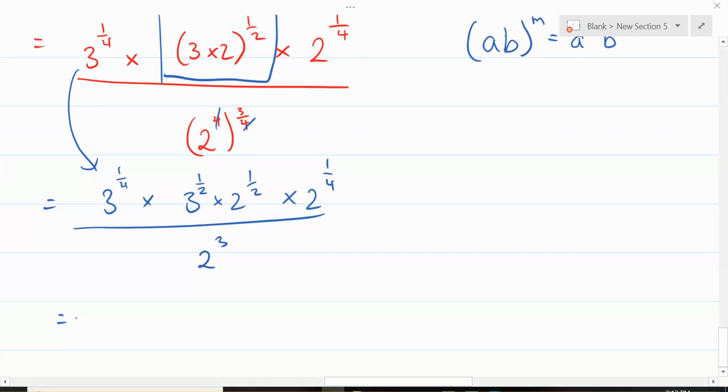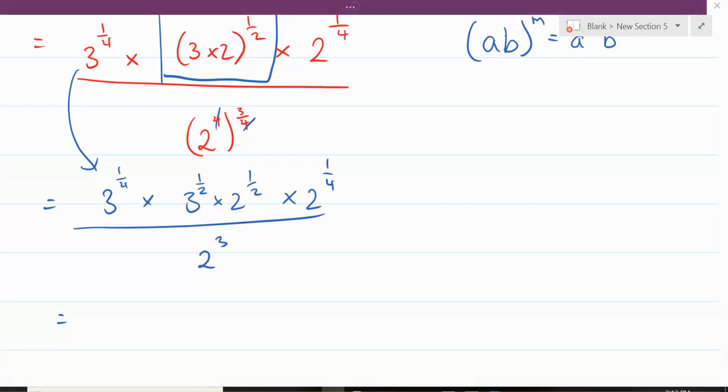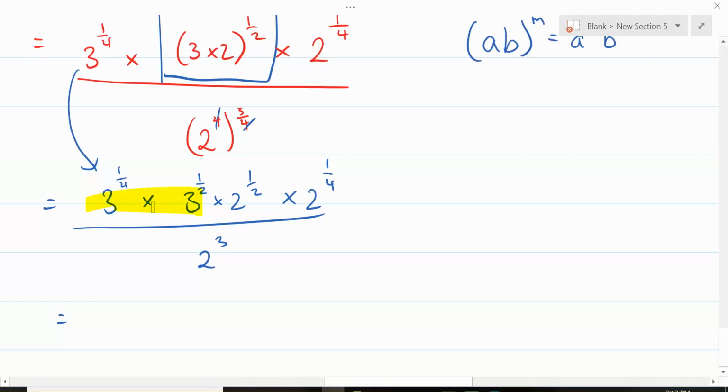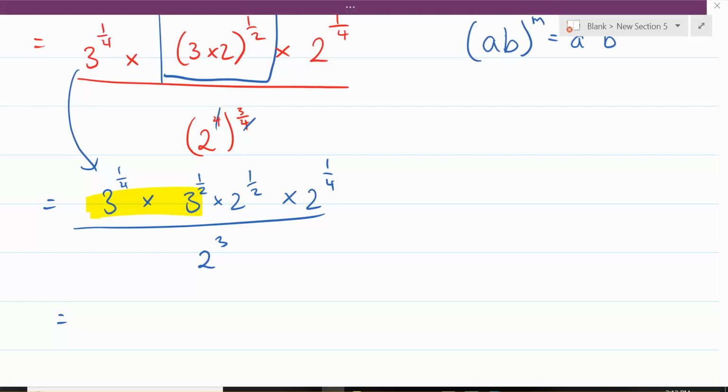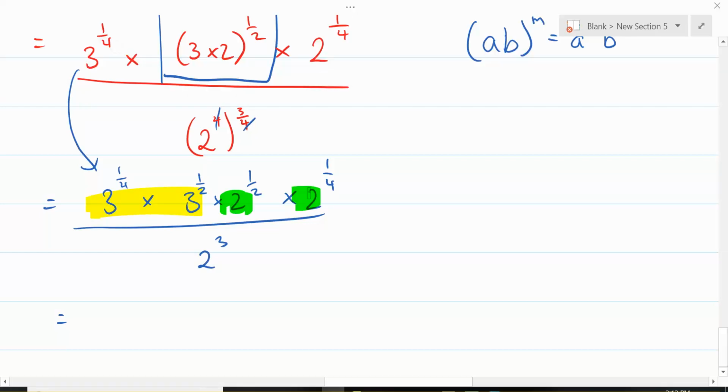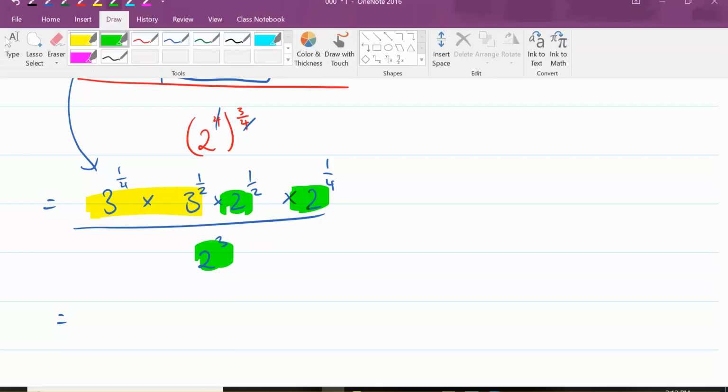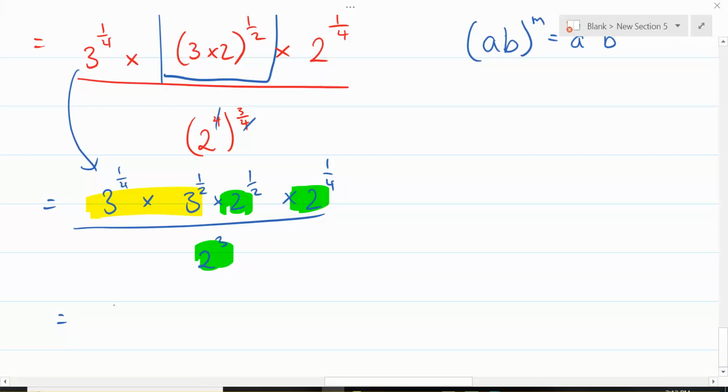Now that you've broken it all apart, you can group them. Base 3's together, base 2's together. If I go to the next step, you can see this now becomes 3 to the power of a quarter, and when you times them, you add the powers, so a quarter plus a half, times 2 to the power of half plus a quarter.